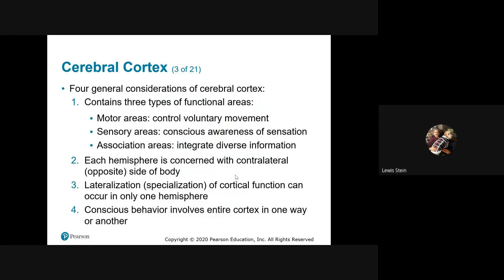So we have motor, movement, sensory, okay, and then everything else is association. Most of your brain, well over 90, maybe even 95%, is association areas, processing the information. It's easy to take your pencil and mark an answer on an exam.